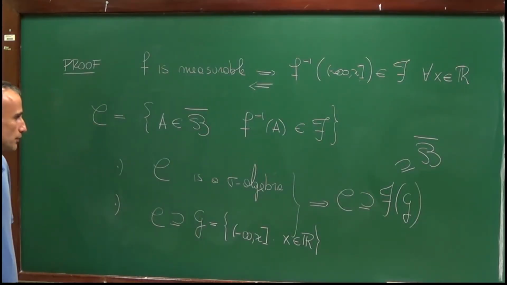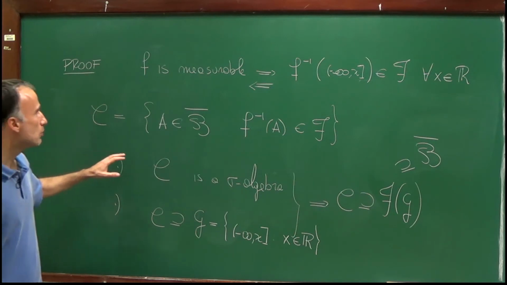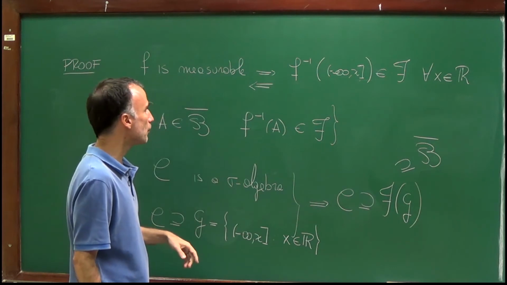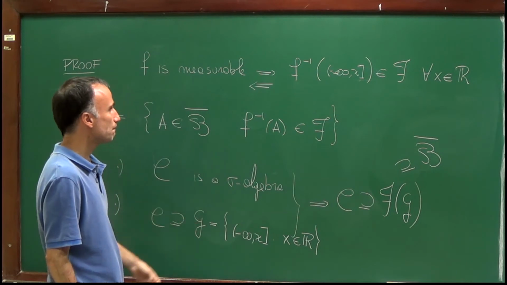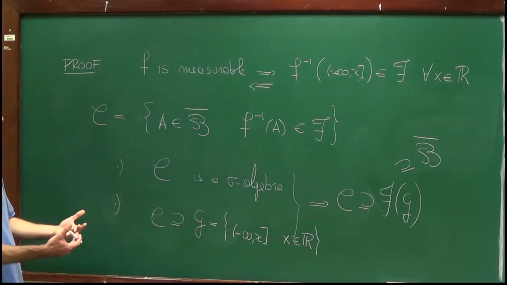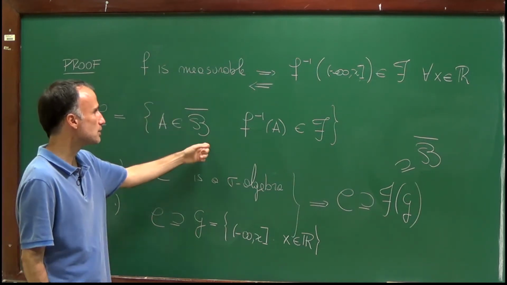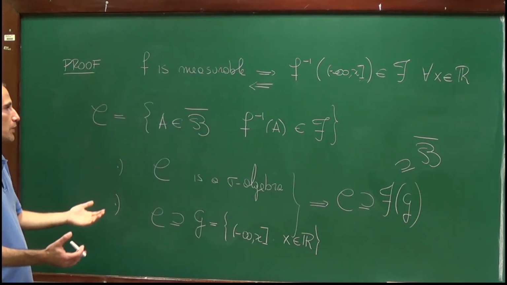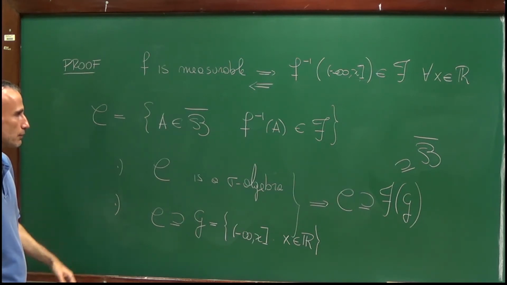So I will insist on the technique we used in this proof. We wanted to show that some class of sets, starting from a family, the class of sets which had a certain property, which I called C, is a sigma algebra which contains the extended Borel sigma algebra.